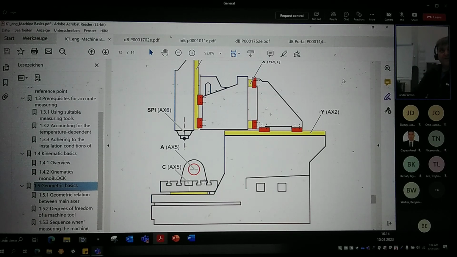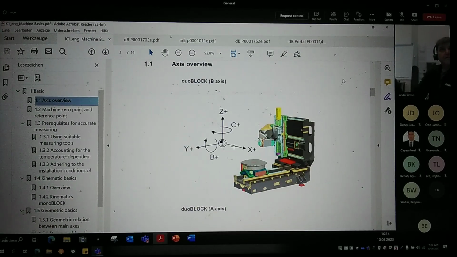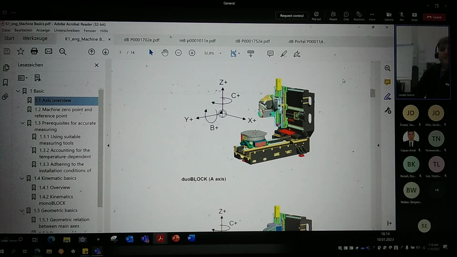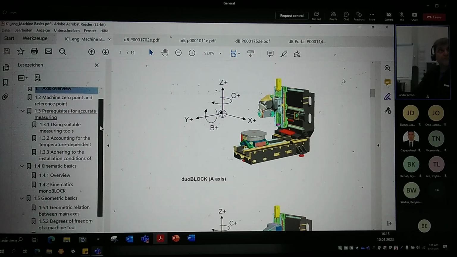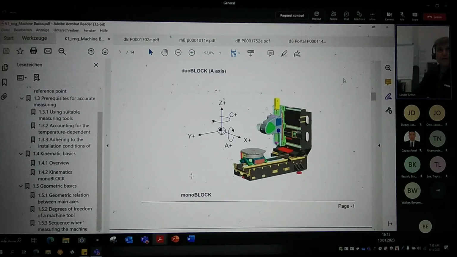So then we have the cross angle like here. This coordination cross is not the same as the cross angle that we have to find out or measure for our machines.